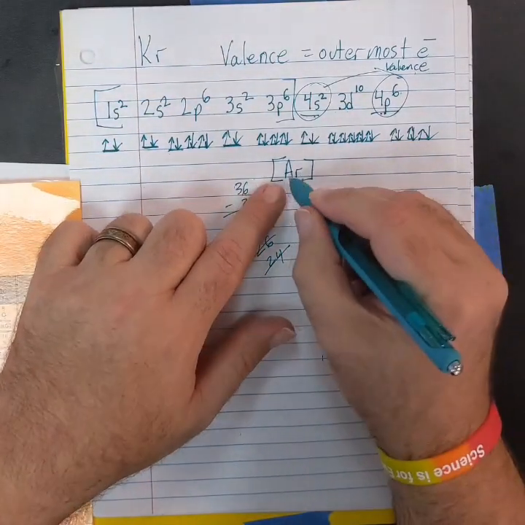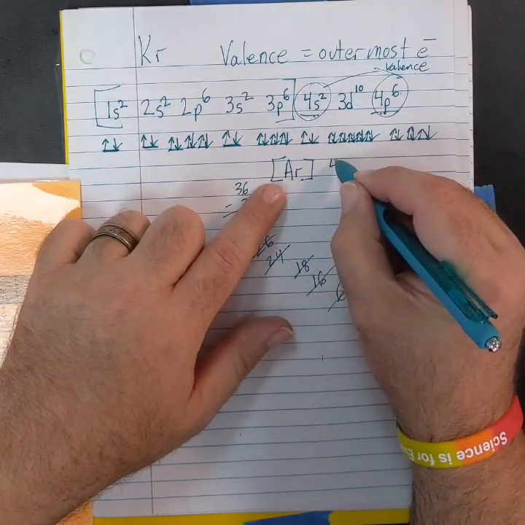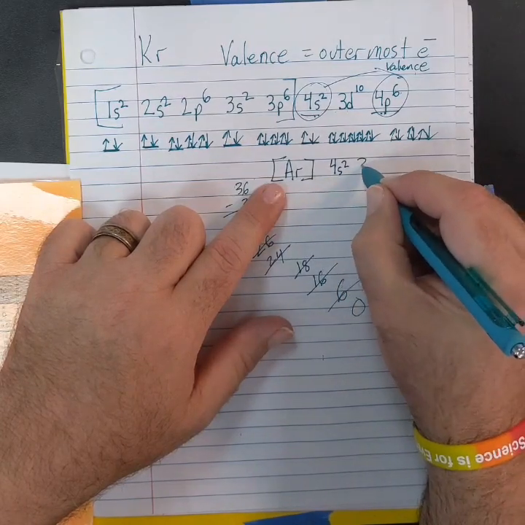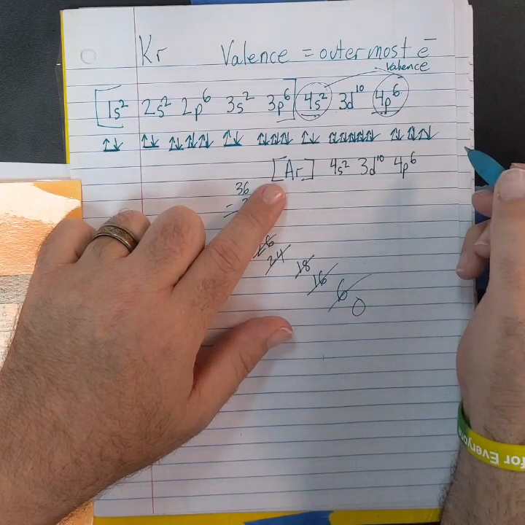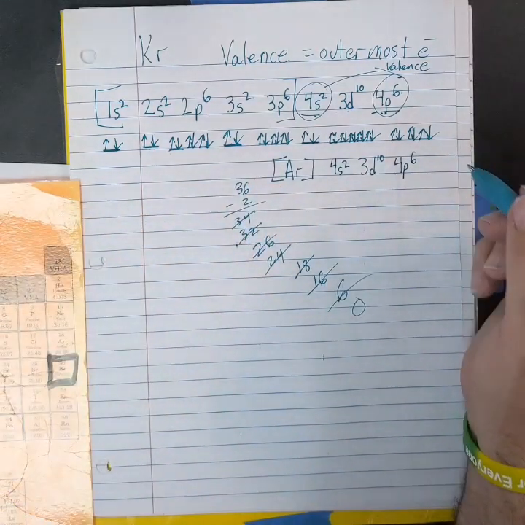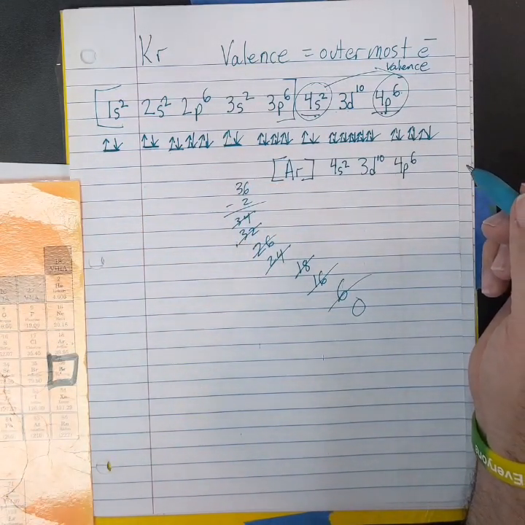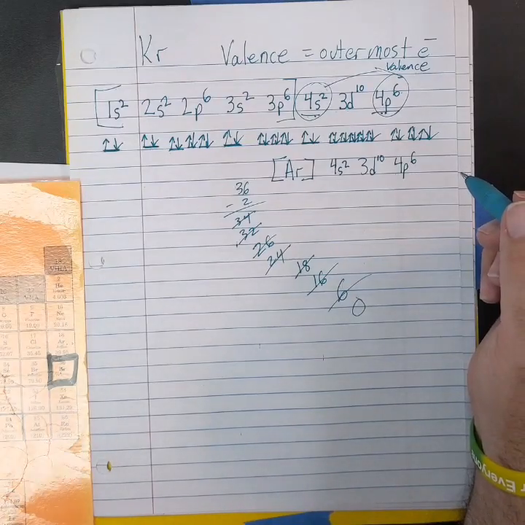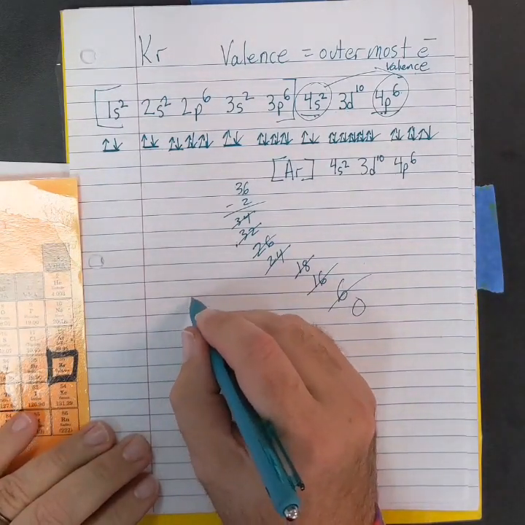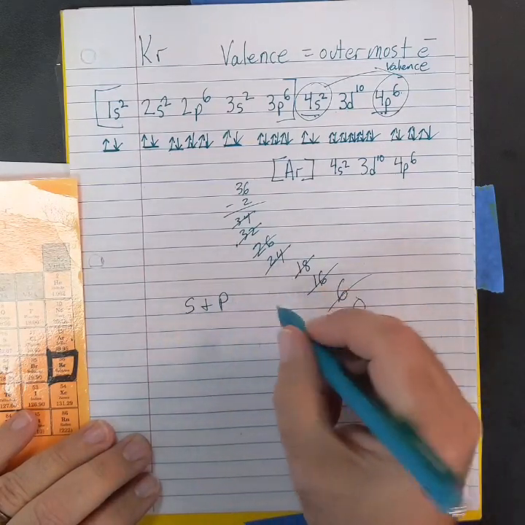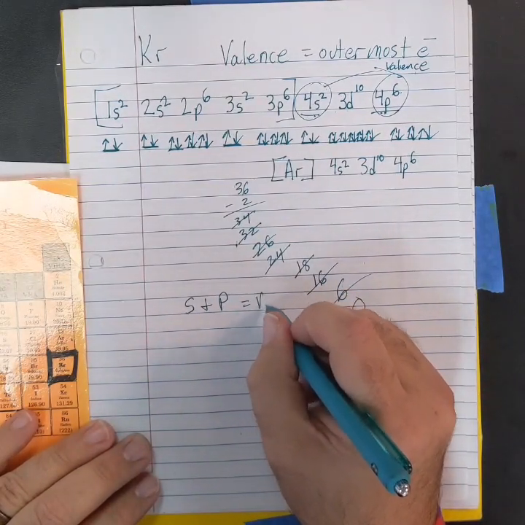All right, so then all we need to do after that is 4s2, 3d10, 4p6. Okay, so just remember that for your S and P, those are your valence electrons.